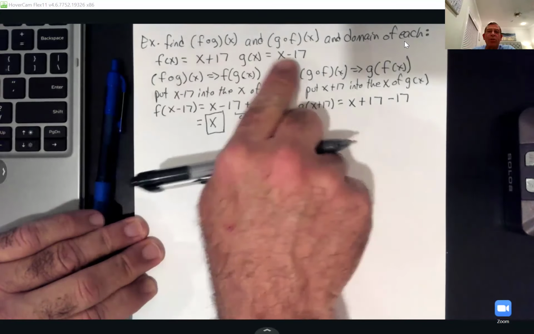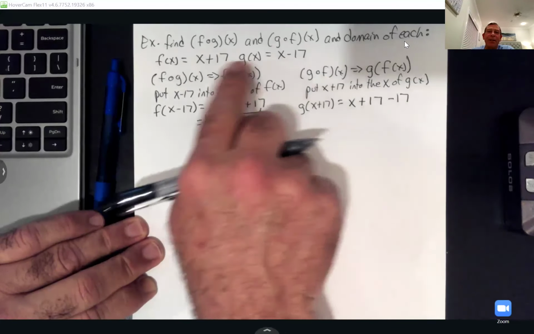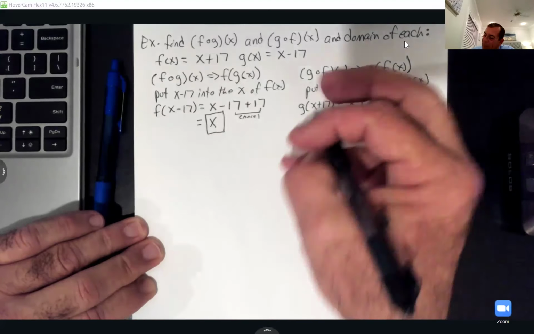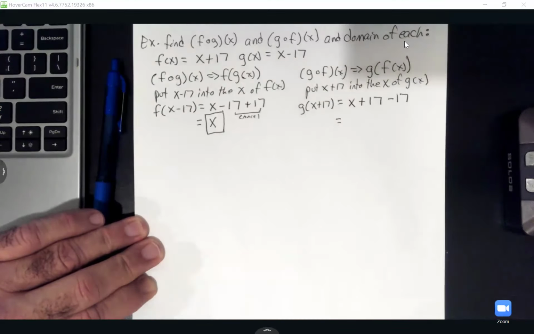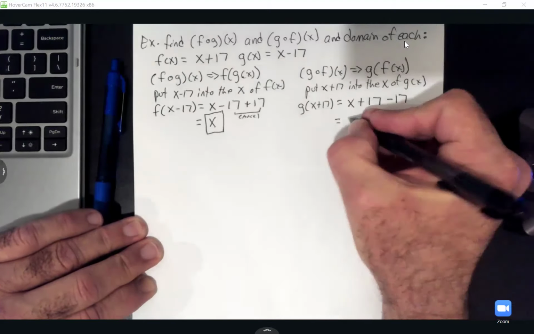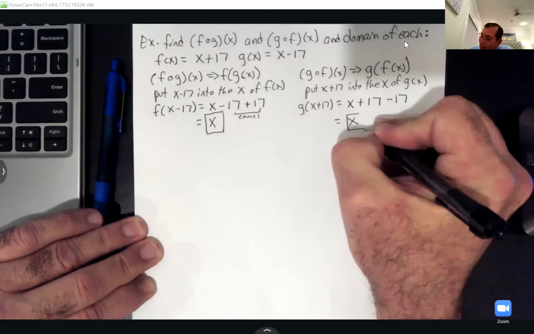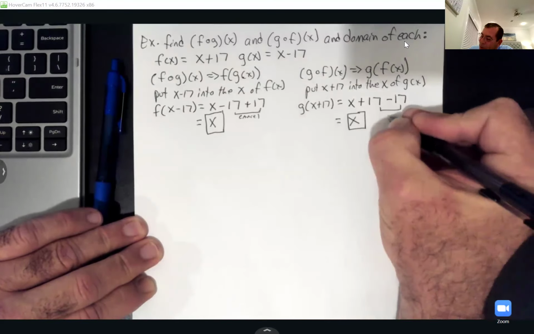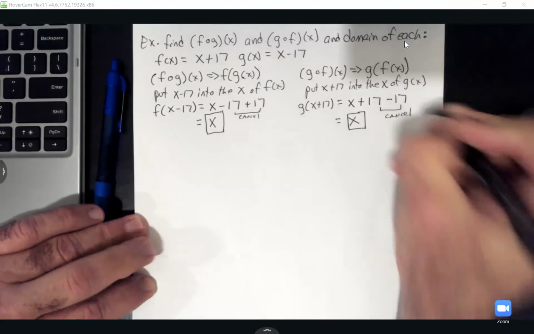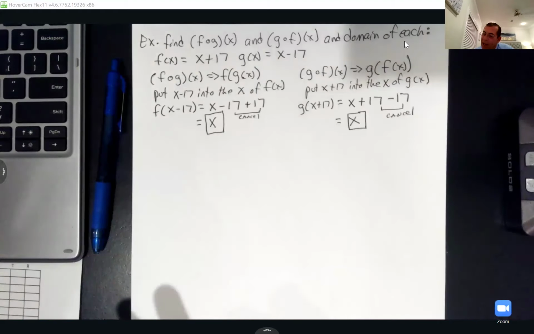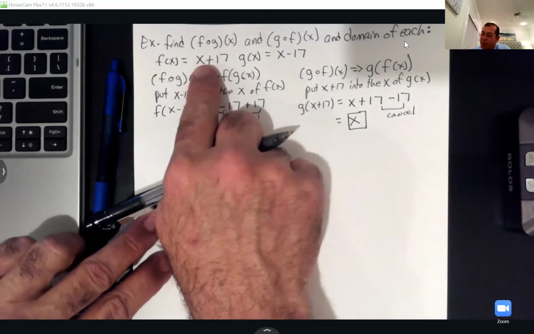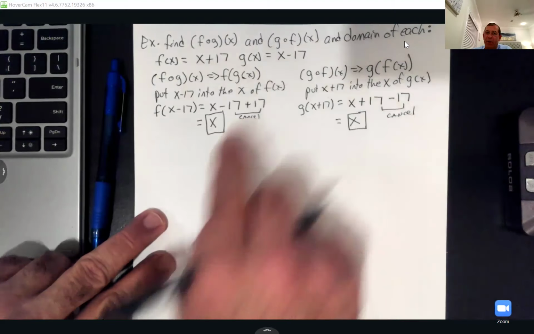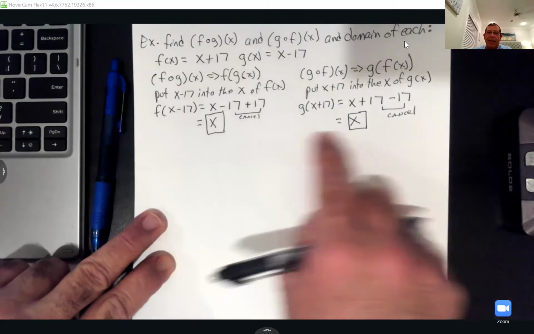Since these were opposites of each other, that's why we keep ending up with an x. What do we get? It's going to be an x again. Good job, because once again, those cancel out. Now, they won't always do that, but on this number 4, if you get an x plus something and an x minus that same number, you're going to get the same thing I got here.